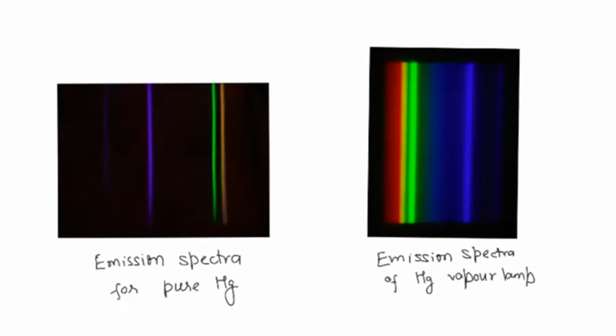Difference is obvious. Here there is no red color, where there is a red color, and also the colors are very bright. Pure mercury spectra has no red color, but what happens in vapor lamp is, because of the fluorescence of the vapor lamp, you also get red and orange wavelength in it. So there is a difference between pure mercury and mercury vapor lamp spectrum.